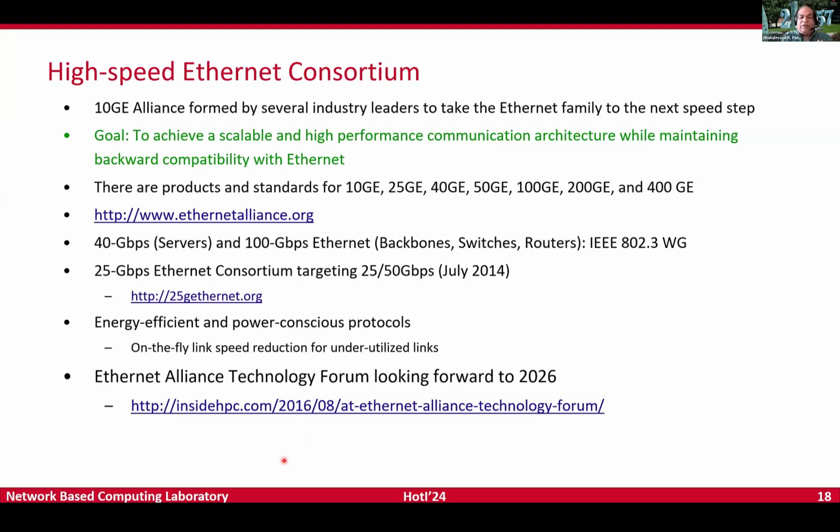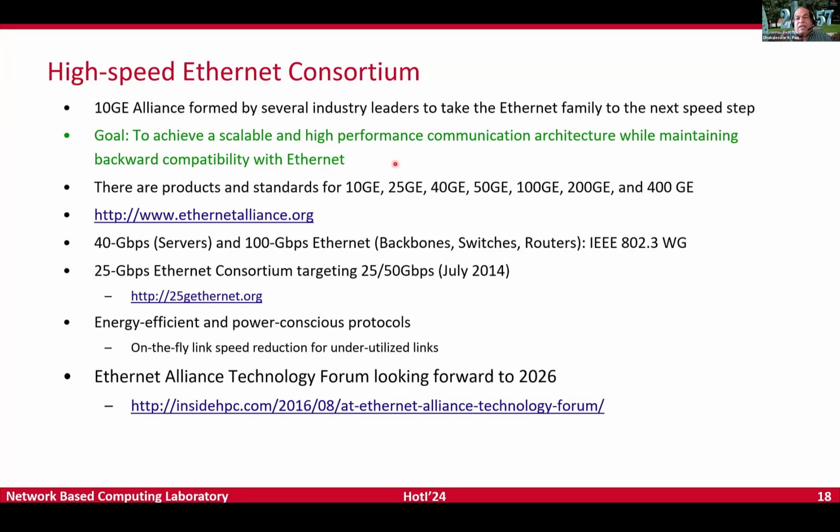So similarly, just like InfiniBand started in 2000, prior to this, Ethernet was there. That was the 1 gig alliance. Then the 10 gig alliance was formed. And here the idea was very similar to InfiniBand, to achieve a scalable and high performance communication architecture while maintaining backward compatibility with Ethernet.